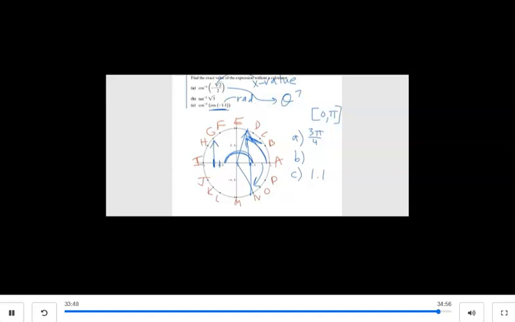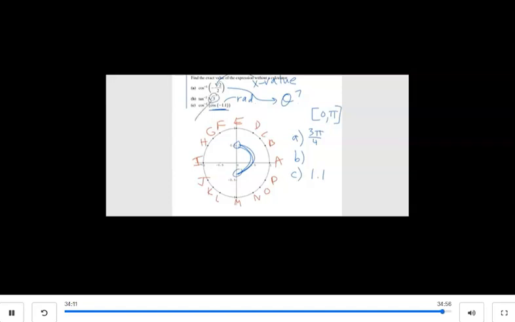Okay, now we can go back to B because it's a tangent question. We have to think differently, because remember the inverse tangent is over here on this side, not including the endpoints, right? Can't include pi over 2 or negative pi over 2. So they give me a slope, right?